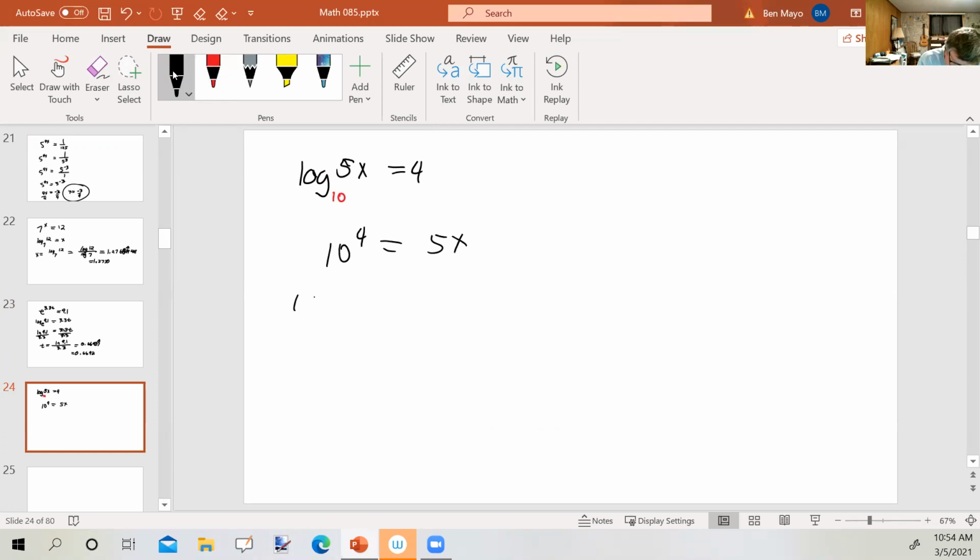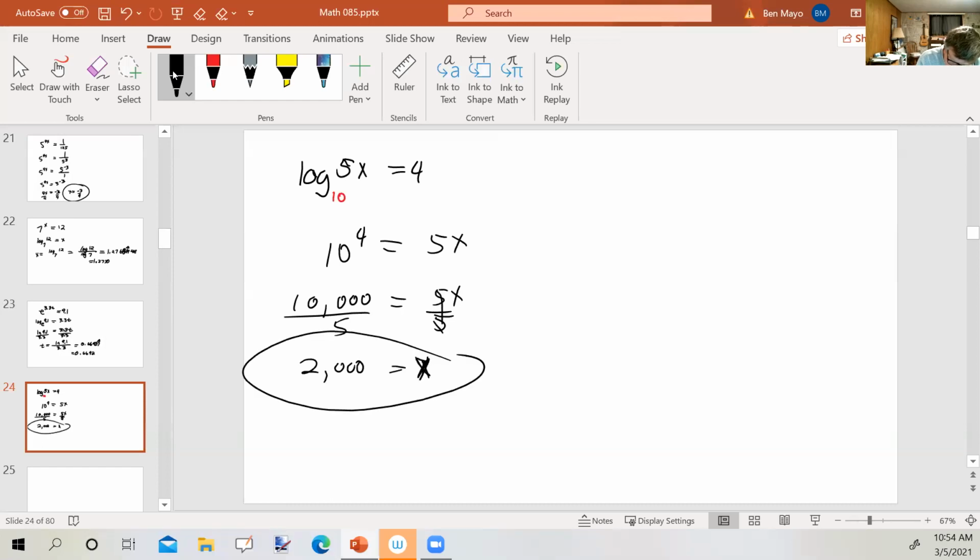Well, 10 to the 4th power would be 10,000, right? 1 followed by 4 zeros equals 5x. Divide both sides by 5, x equals 2,000. Okay.